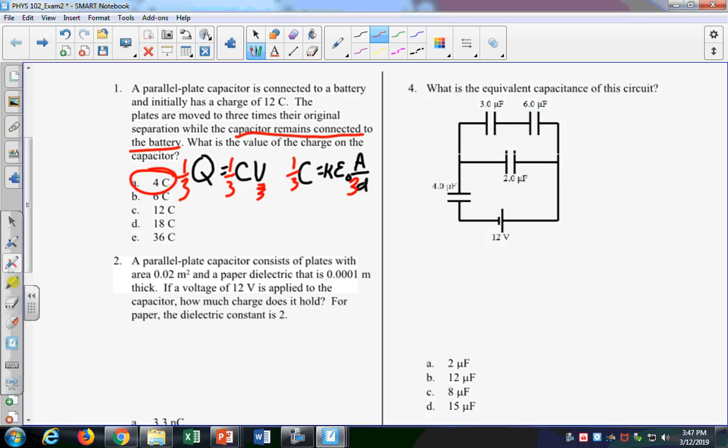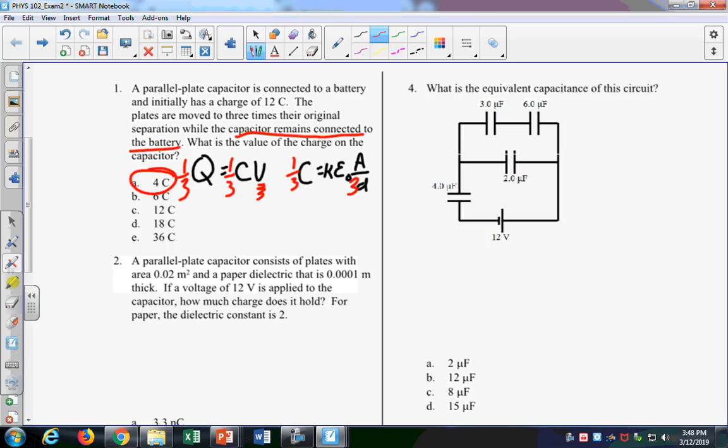The tricky part, is it tricky? It's tricky if you're not really familiar with it. The tricky part is to say, what's remaining constant, my voltage or my charge? The charge is constant when what? When you keep the capacitor hooked up to the battery or when you remove it from the battery? When is the charge constant? When you remove it. Yeah, that's right.